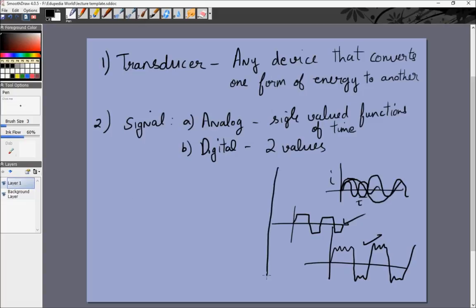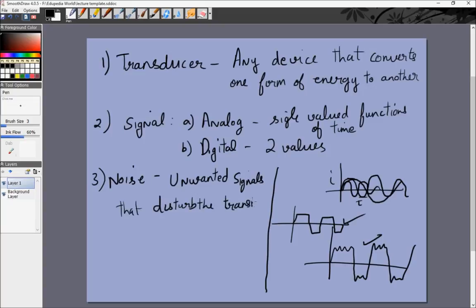The third element, which you've already seen, would be noise. It refers to unwanted signals that disturb the transmission and processing of signals, of the message signal we should say, because they are also signals.